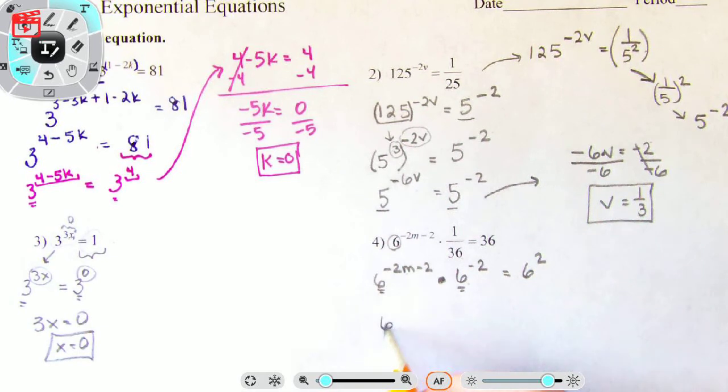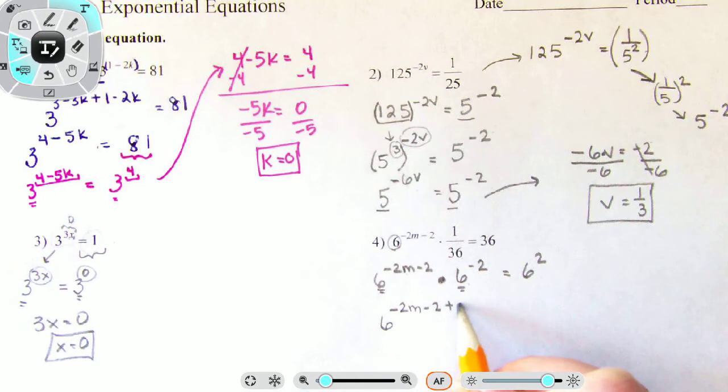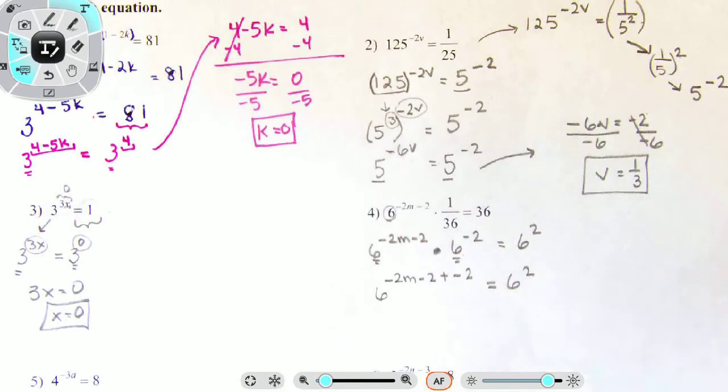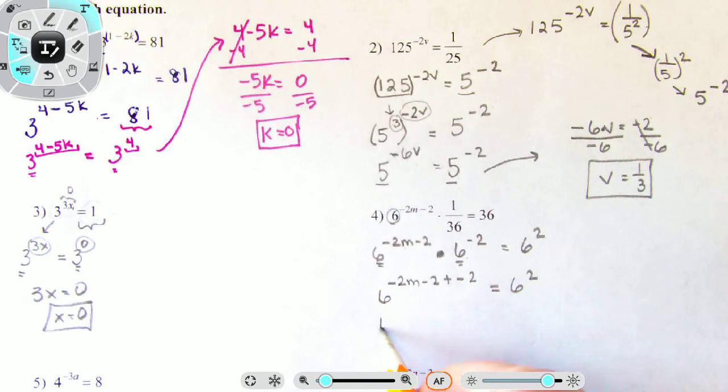So I'm going to say 6 to the negative 2m minus 2 plus negative 2. You want to combine without writing the step out? Go for it. So now I'm going to say 6 to the, what do I have? Negative 2m minus 4 equal to 6 squared.